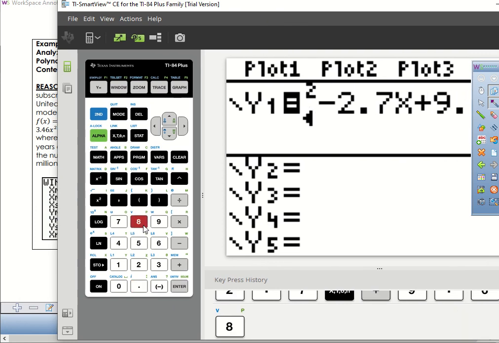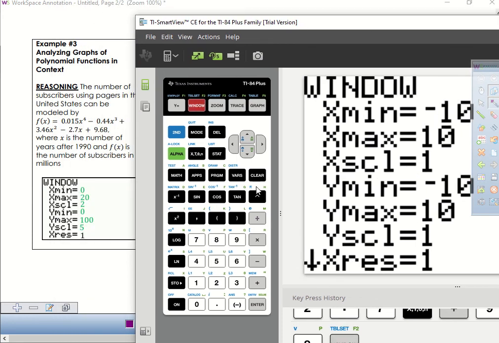So this is a long equation, so just double, triple check that you typed it in right. You don't want to have more problems down the road when you make a mistake. Hit window and change your window to what it should be.